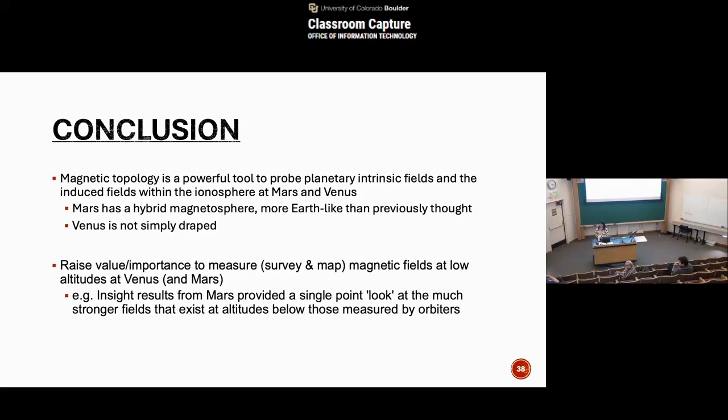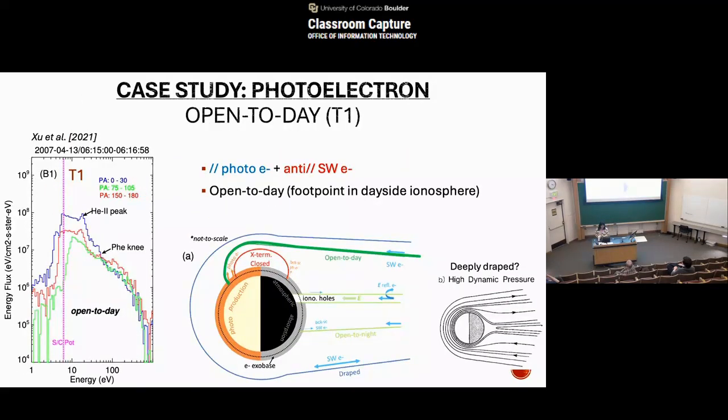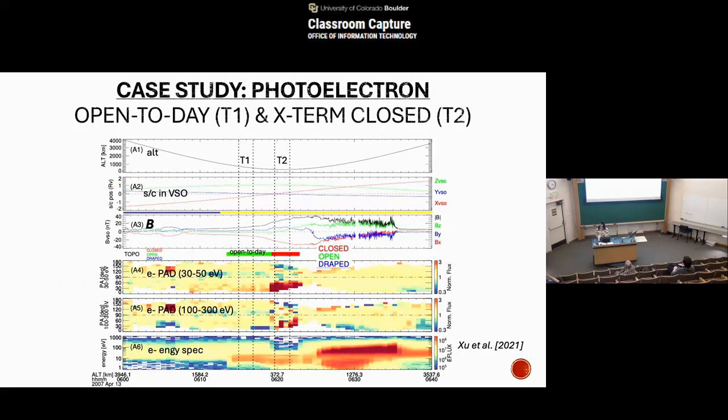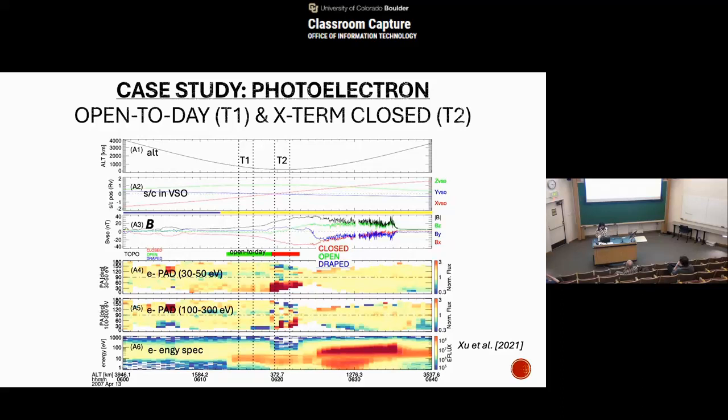For the Venus results, one question is, what is the orientation of the magnetic field at the locations where you're finding these unusual structures? Is it radial or is it horizontal? So far, I've only done a very simple study, just mapping where they are. But this is one case study. You can see the magnetic components here.